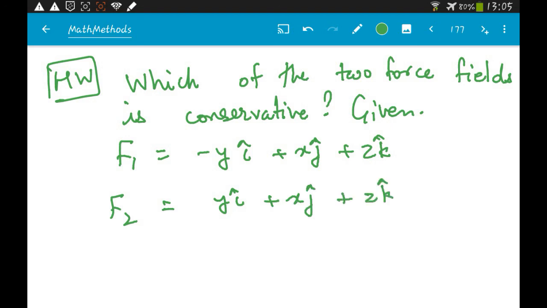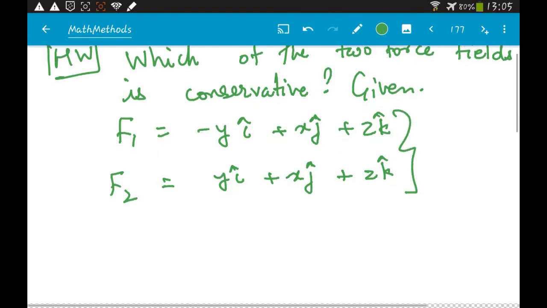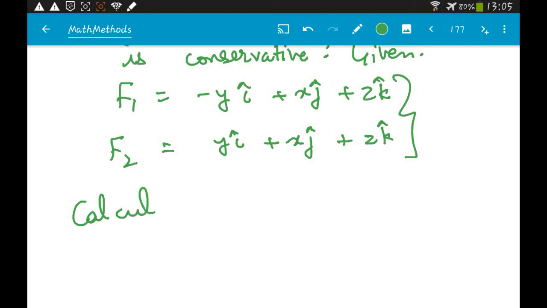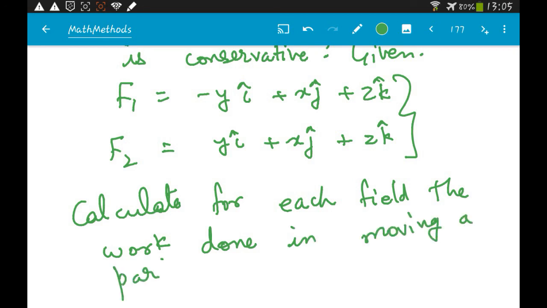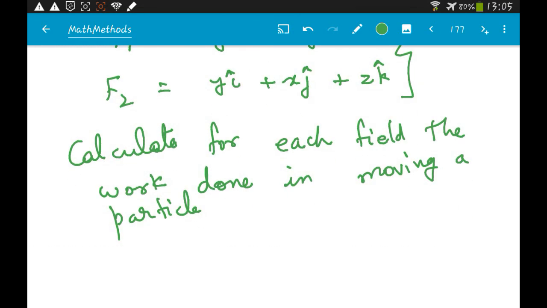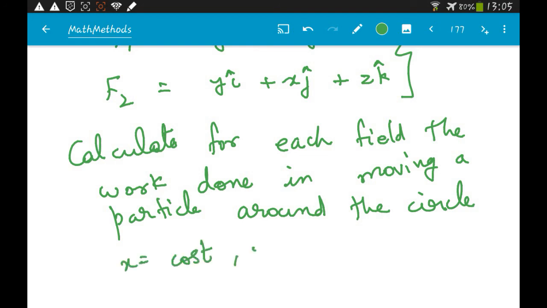Okay, so you have to find out which one is conservative and calculate for each field the work done in moving a particle around the circle x equal to cos t and y is equal to sin t in the xy plane.